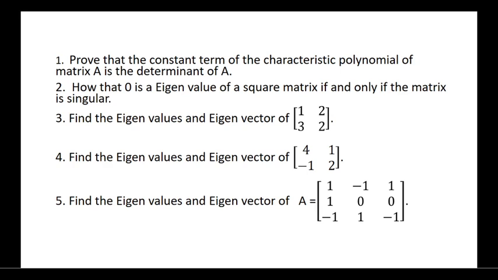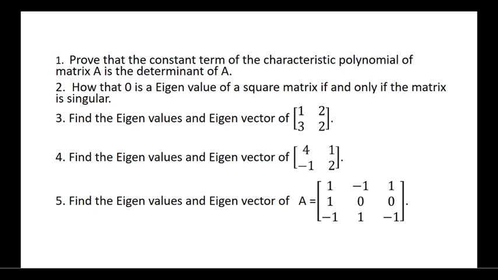If A is an nth order square matrix, it contains n eigenvalues. Take lambda 1, lambda 2, up to lambda n as its eigenvalues. What is the characteristic polynomial? We prepare determinant of A minus lambda I, which is the characteristic polynomial.